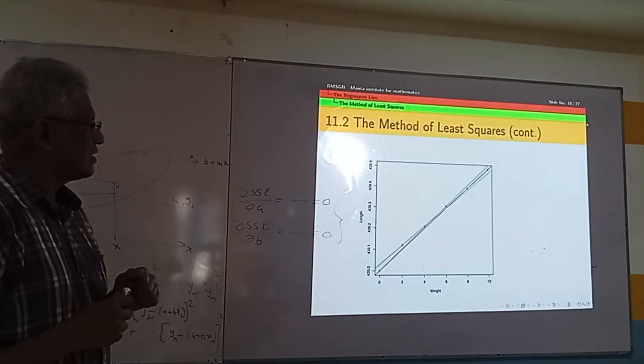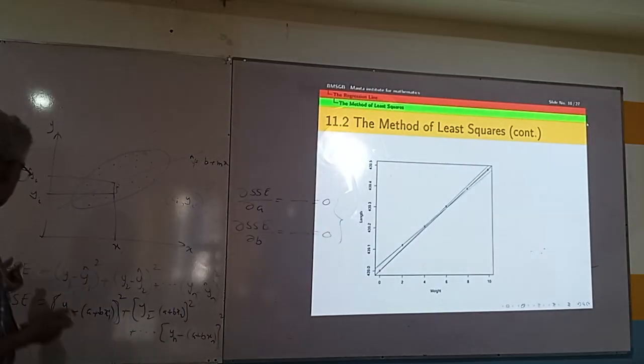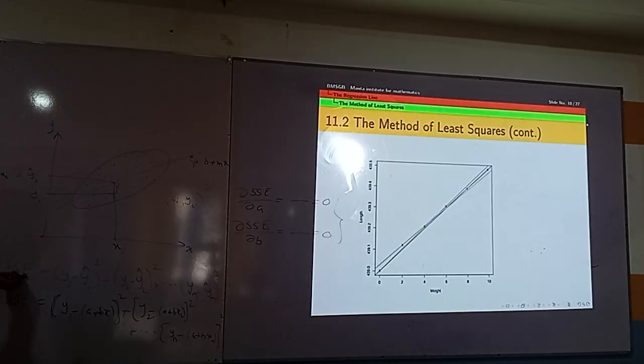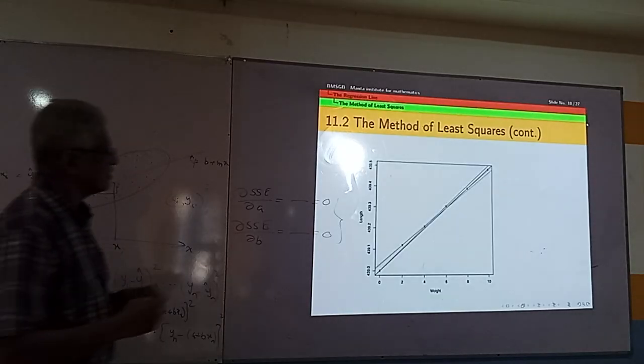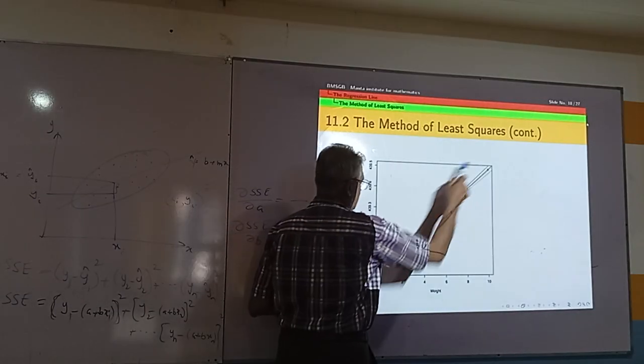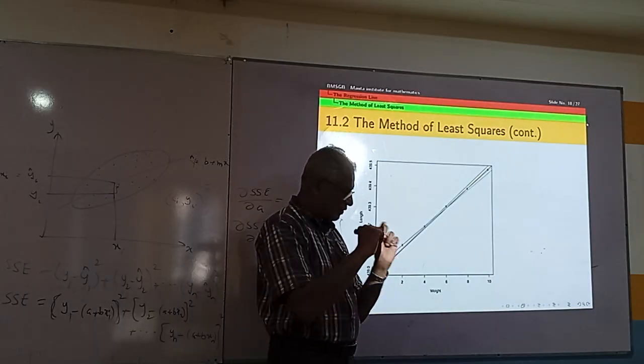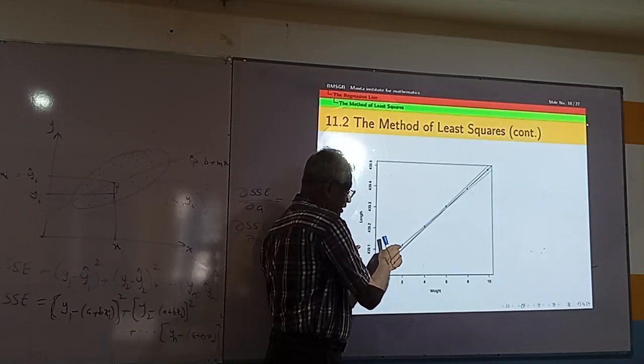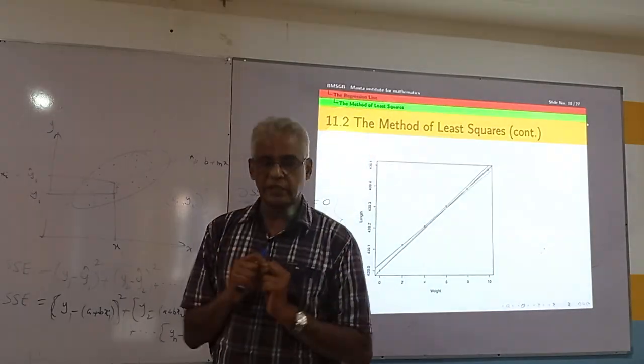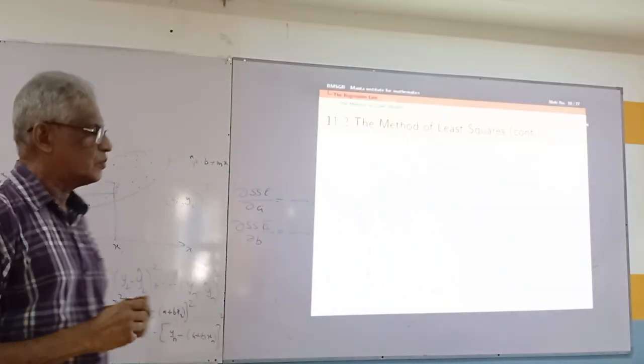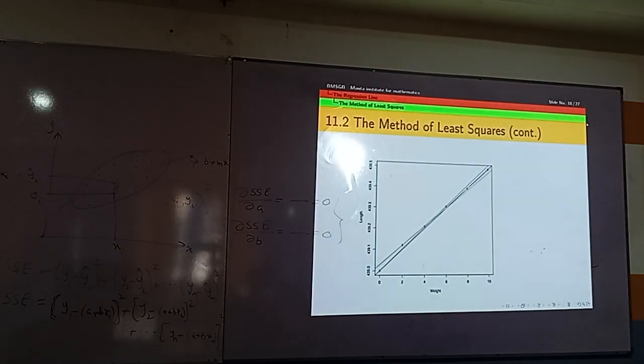So what I did was just calculate this quantity, the sum of squares of errors, for each line. If I consider this line, for example, I can find the difference between y and the point on the line. So I have that error, and therefore I can find the sum of squares of errors for that particular line.